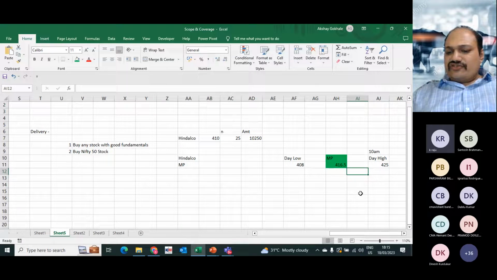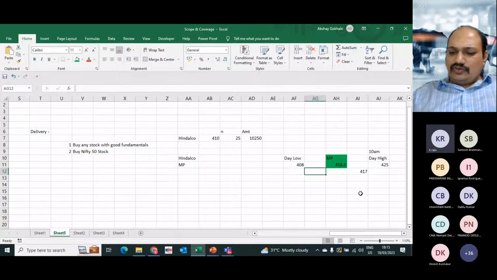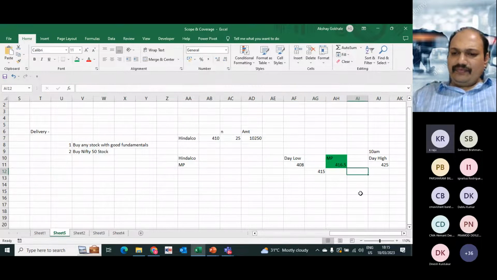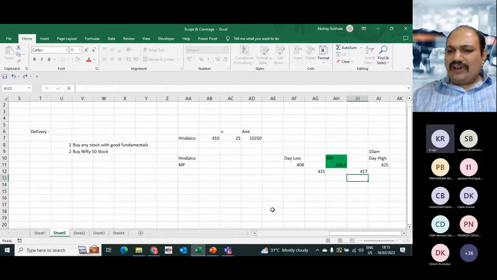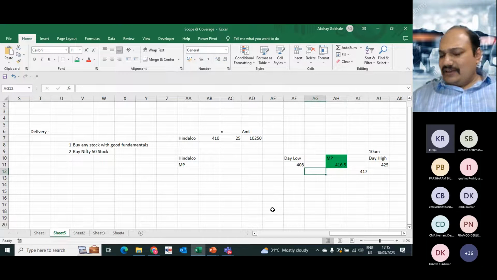So suppose Hindalco is trading at 417 and suddenly it goes down to 415. You have to exit at 415, so you have to sell the stock in intraday. And if it goes above 416.5, you have to buy the stock, correct?